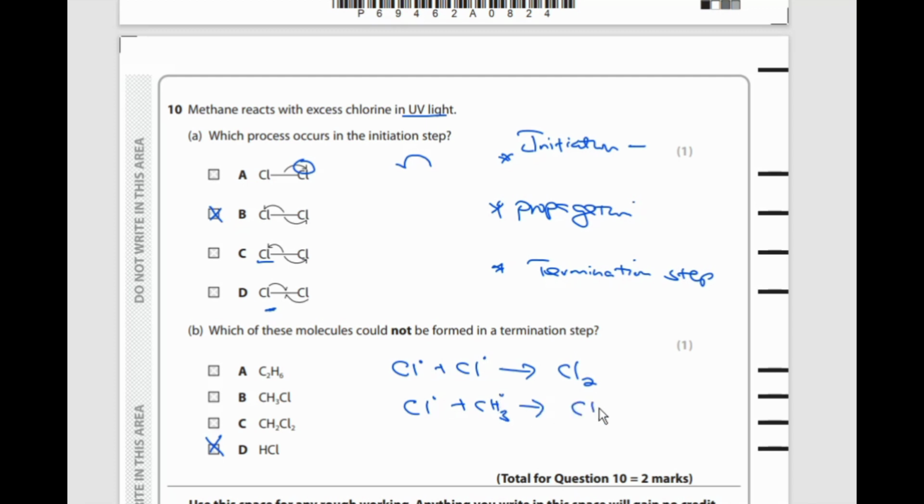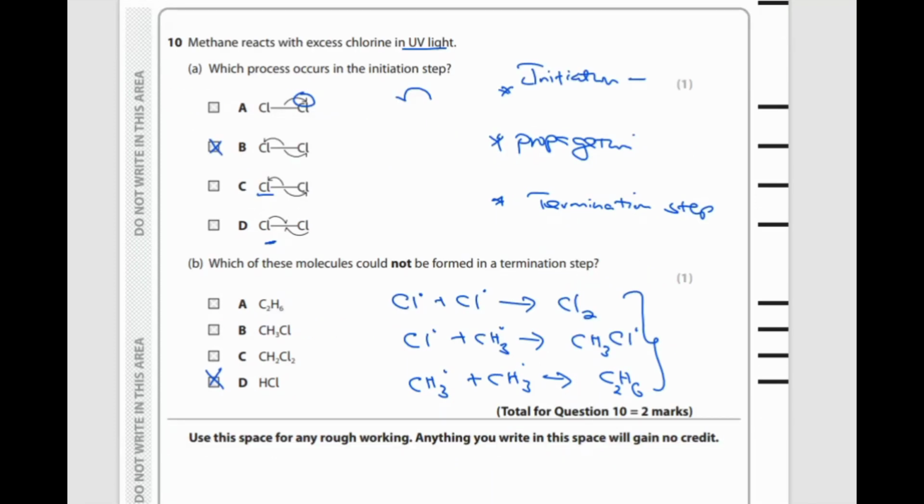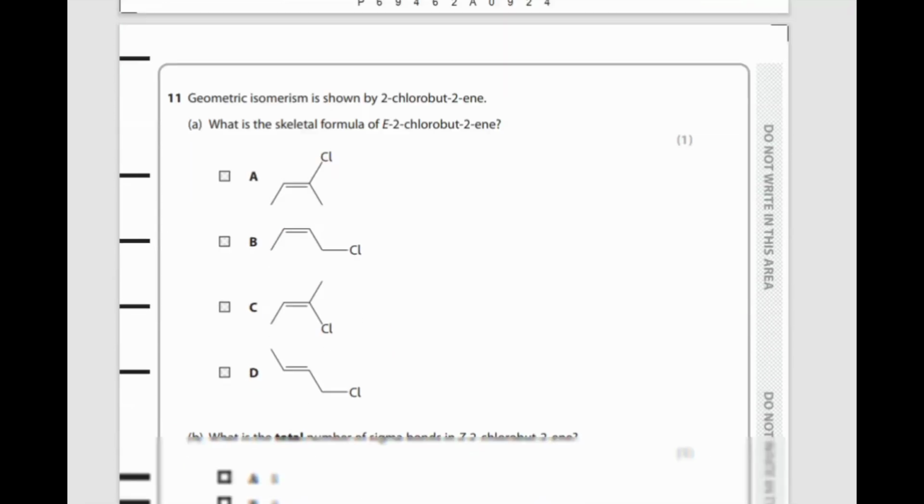Two, we have this free radical joining with this free radical to give you this. Then we have this joining with this to give you. So these are the products that we expect from the termination stage. You can see two free radicals. We can use the term cancelling out to make it easier for us to understand.